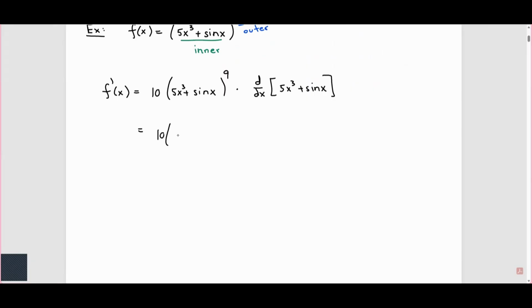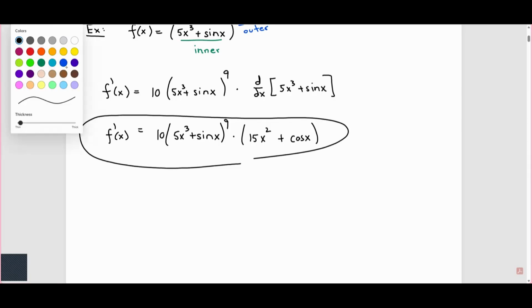So this part is already done. This was the derivative of the outer, keeping the inner inside. Now I need to take the derivative of 5x cubed plus sine x. So I'm going to bring down the 3 and multiply it. That'll give me 15 and decrease my exponent by 1. And then the derivative of sine is cosine. And there we have it. There's our derivative of f.